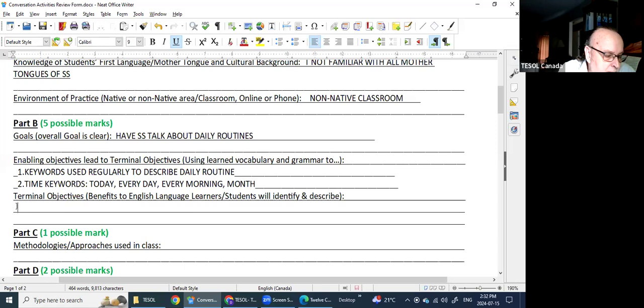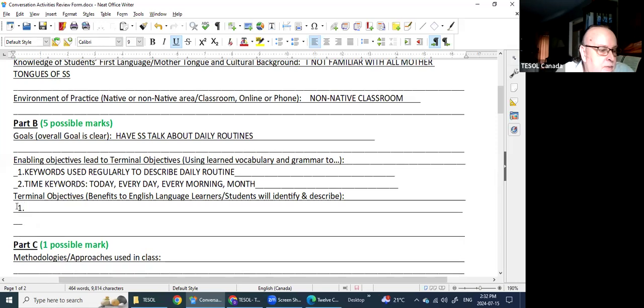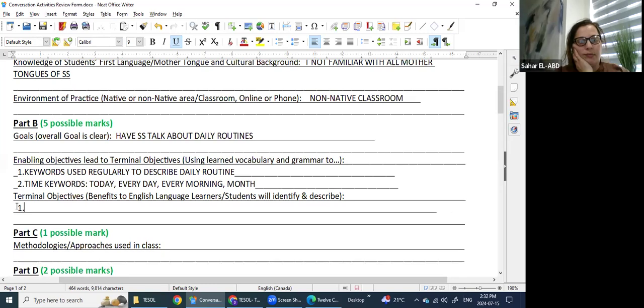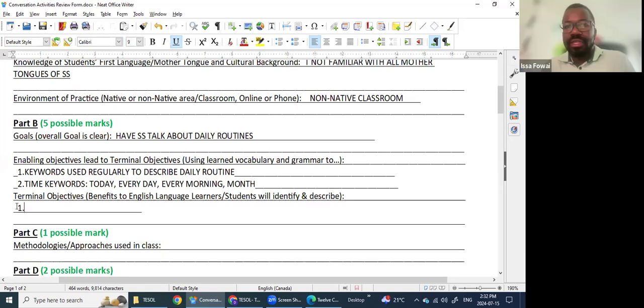Now for the terminal objectives. Maybe a dialogue practice, since the overall objective is for them to be able to have a dialogue. So like a dialogue practice wherein maybe you prepare some materials that they can read, like a role play.